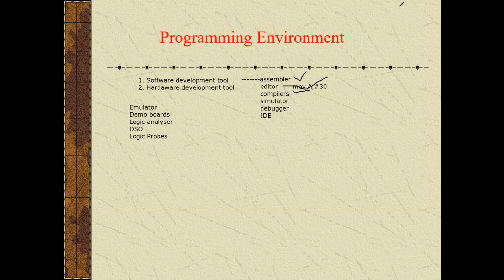An assembler that runs on one type of computer and assembles the source code for a different target computer is called a cross assembler. For example, an assembler that runs on an Intel 8086 machine and generates object code for Motorola.